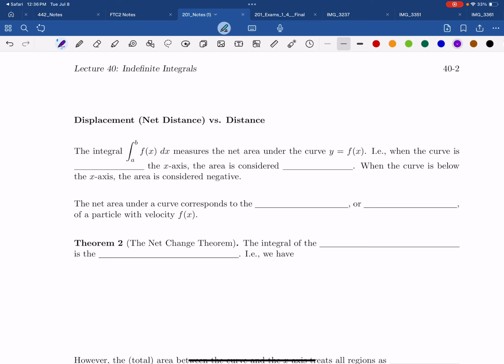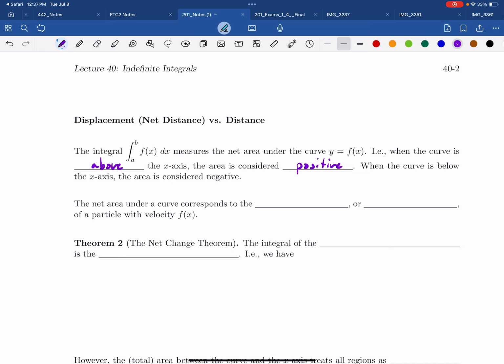And also just to point out the difference between net area and just total area, or net distance and distance, right? When the curve is above the x-axis, the area is considered positive.